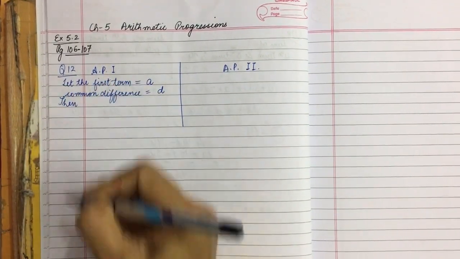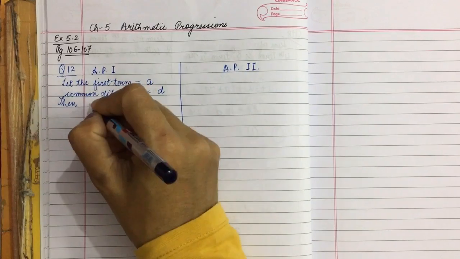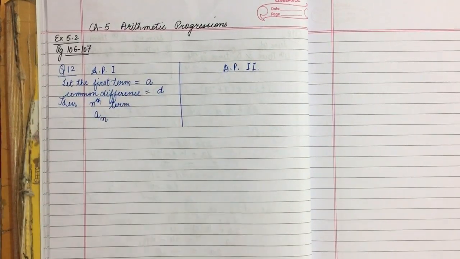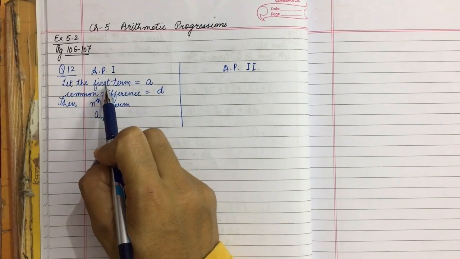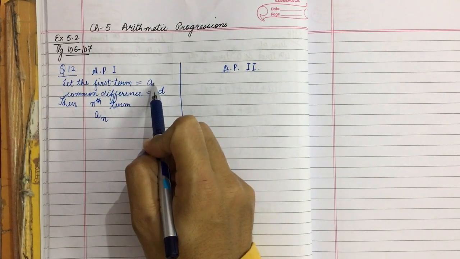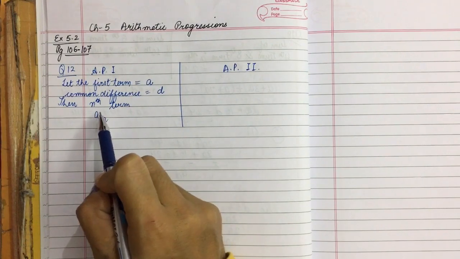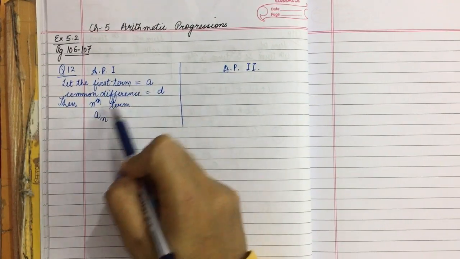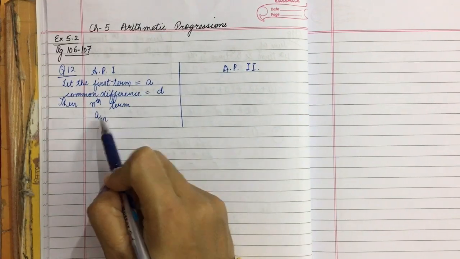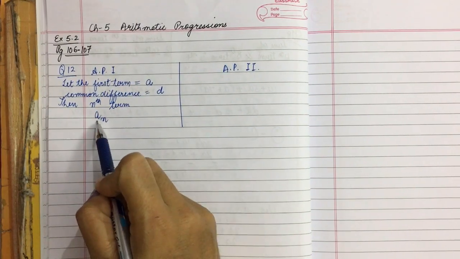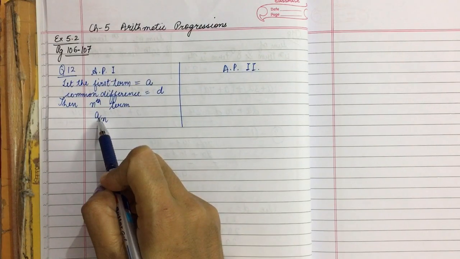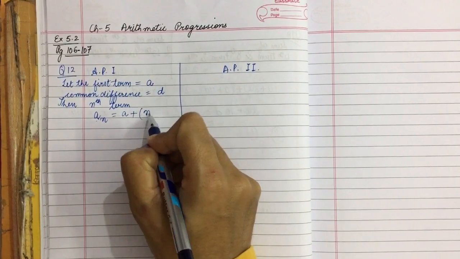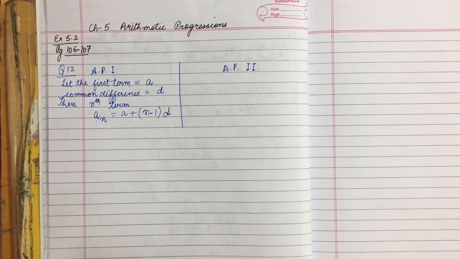Then any general term, the nth term, is represented as an. Remember, if I've taken the first term as lowercase a, the nth term also uses small a. The first term and the nth term should be written the same way. This will be given by a plus n minus 1 multiplied with the common difference.